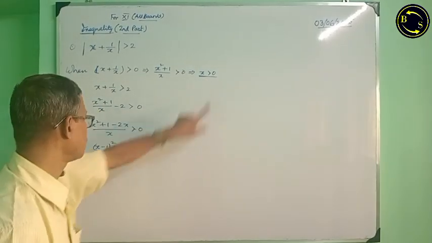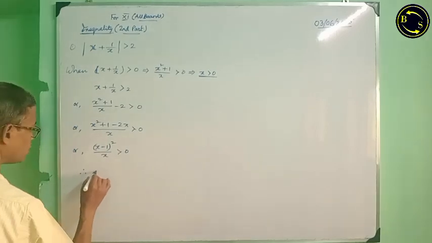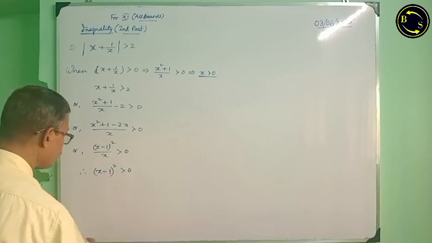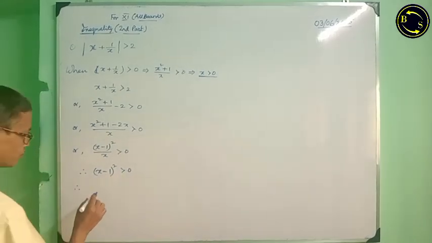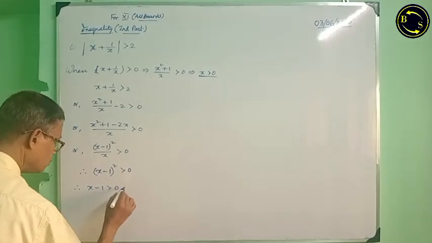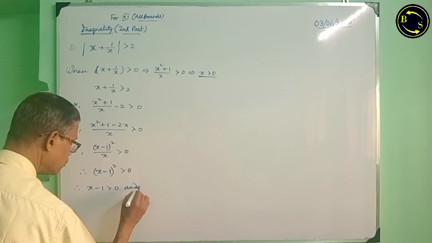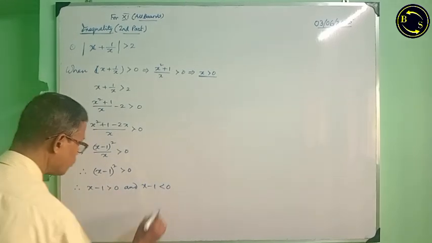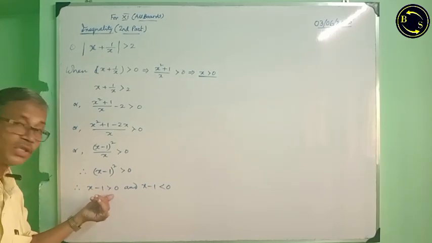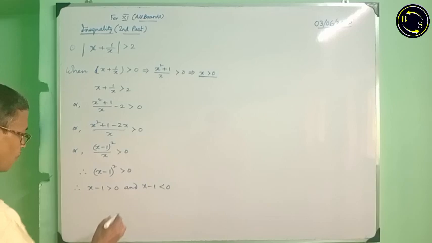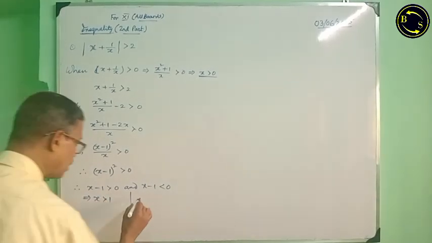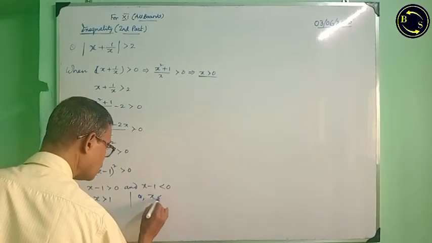Already we know x greater than 0, therefore from that x minus 1 whole square greater than 0, therefore a square number is positive, therefore that number may be positive or negative. From this, what we get, x greater than 1, and from this we get x less than 1.